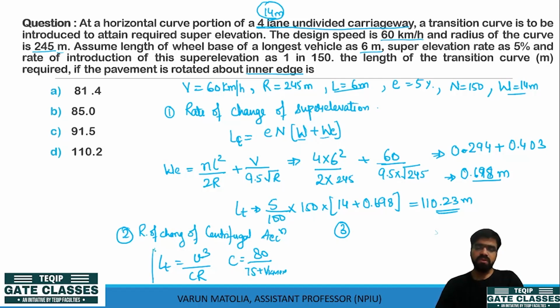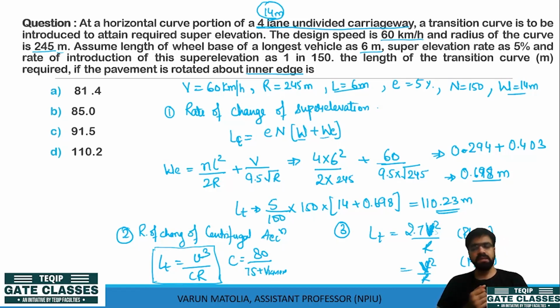Okay, this is one formula. Another formula: the length of transition curve equals 2.7 times V square by R for plain terrain, and equals V square by R, capital V in kmph, for mountainous or steep terrain.